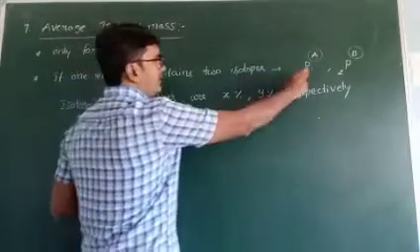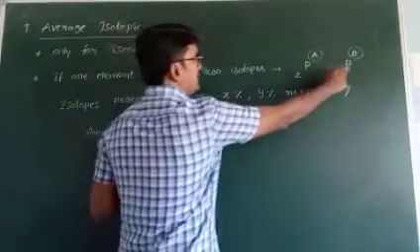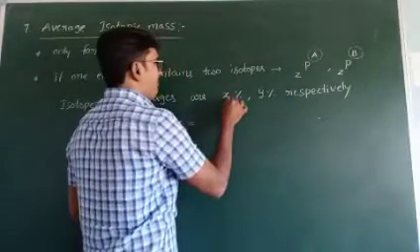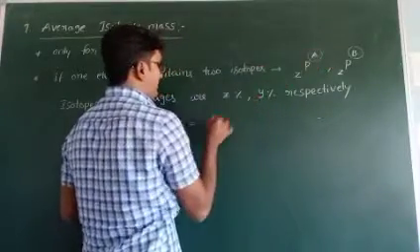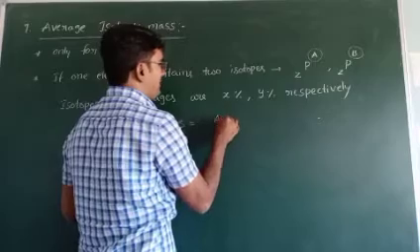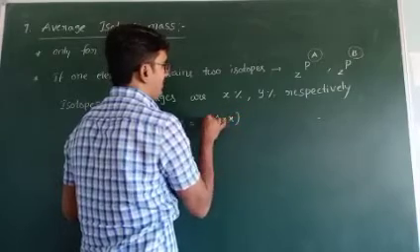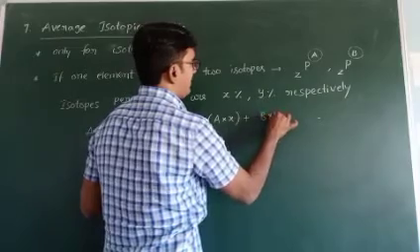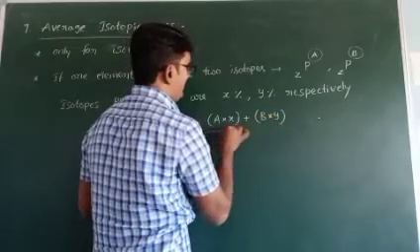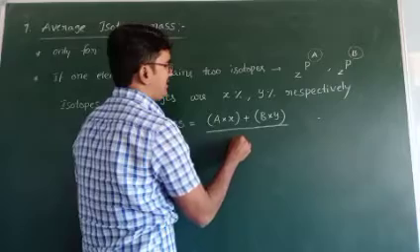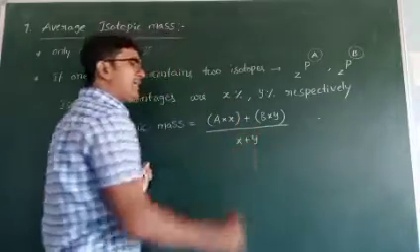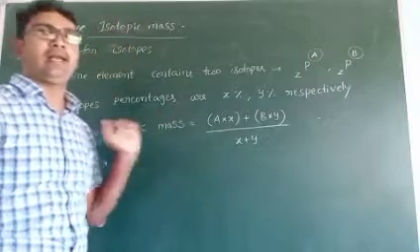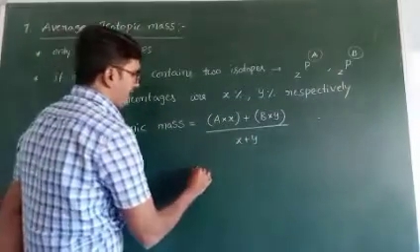Very simple. This is the first isotope percentage, this is the second isotope percentage. Then very simple: that mass into X. So A into X plus B into Y, divided by the total percentage, that is X plus Y. For any percentages, the total must be equal to 100.